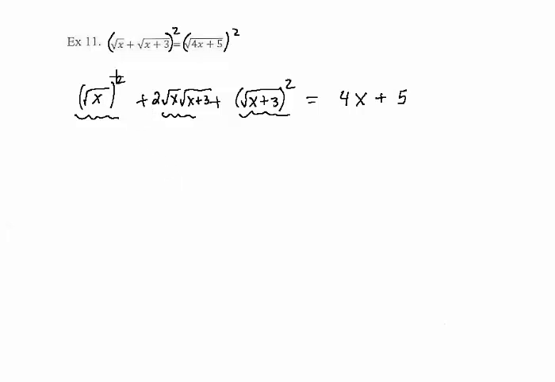Now, the first and third term, they get rid of these two radicals. The square cancels out the square root. So this first term becomes an x. The middle term we can write as a single square root.